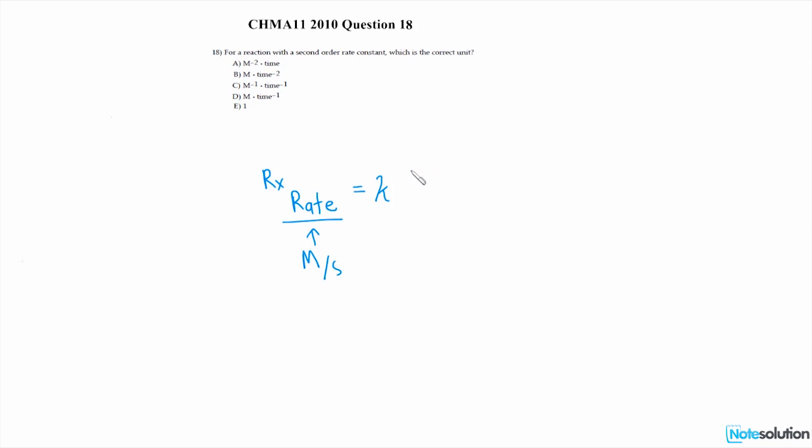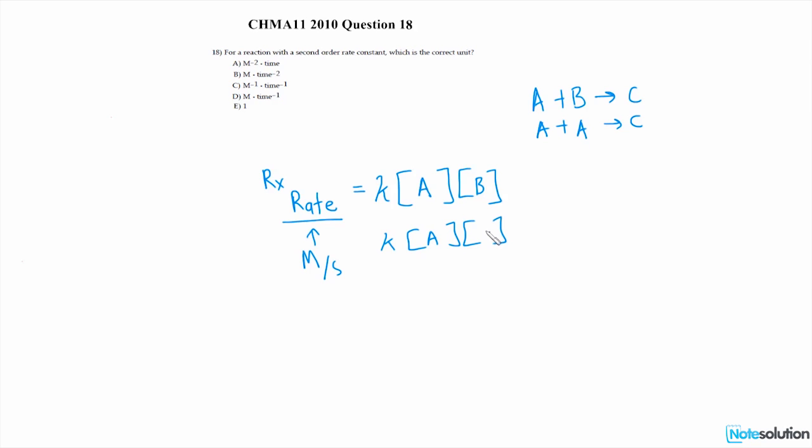And the constant has units, times, let's say we have A and B, for a reaction where A plus B goes to C. Another case of a second order reaction is, let's say B is exactly the same thing as A. So A plus A goes to C. And this would mean that the rate of the reaction would be K A times A, which would amount to K A squared.